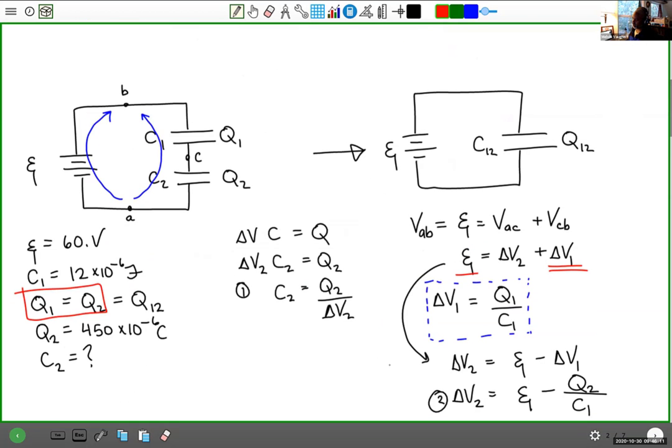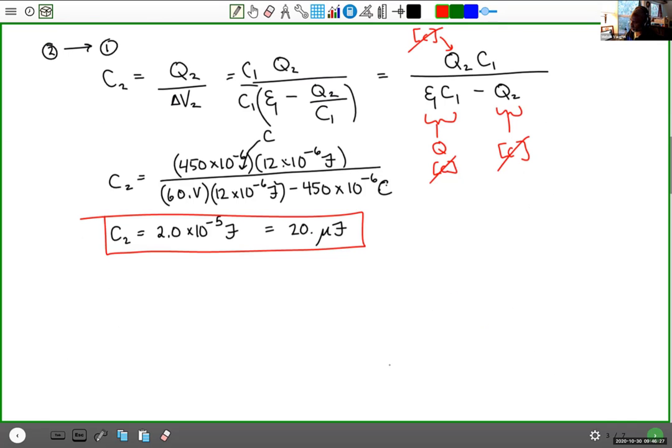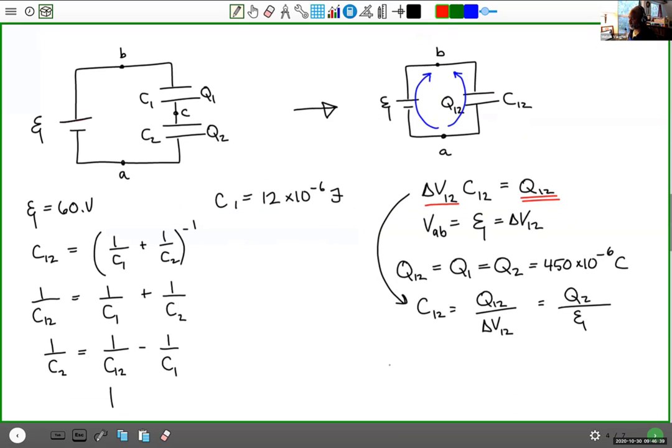In the first solution, we approached the circuit by looking at the potential difference across each capacitor, finding the potential difference on capacitor 1, because once we found that, we were able to apply it to determine the capacitance of capacitor 2. So that was one way of solving it. And this alternative way was by relying more on the equivalent circuit.